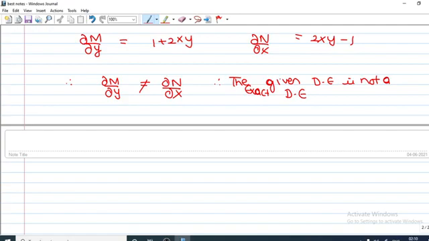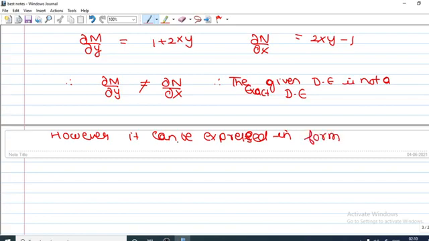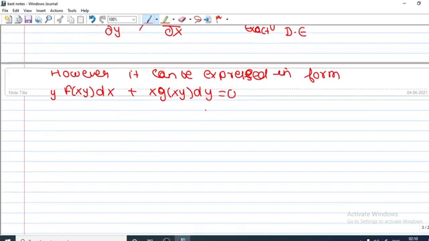You just need to write that however, it can be expressed in the form y f of x comma y into dx plus x g of x comma y into dy should be equal to 0. It can be represented in this format.